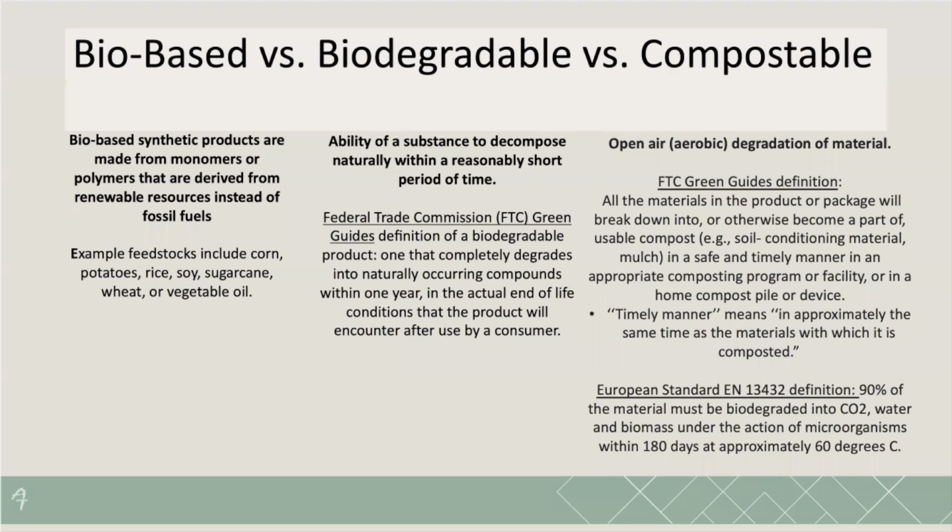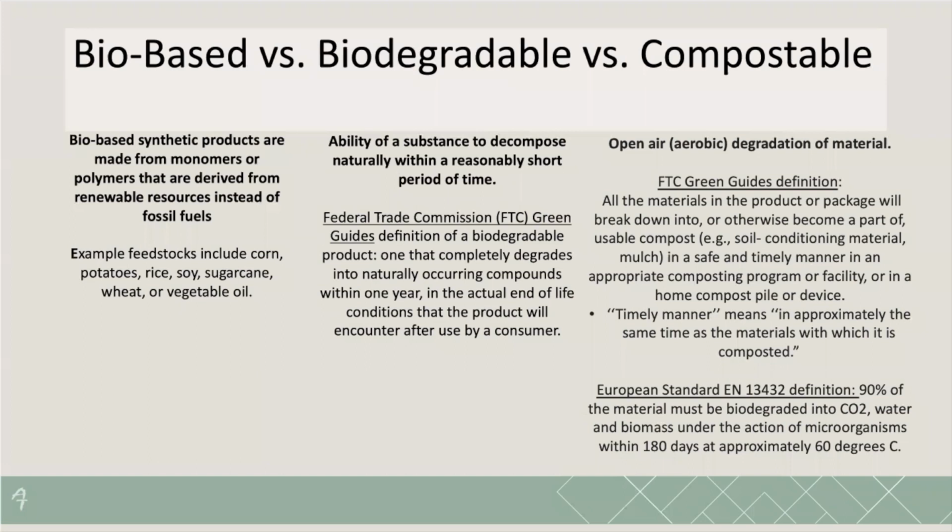But I think the highlights here are that bio-based content is something that's made from renewable resources instead of from fossil fuels. Biodegradable content is talking about the ability of that substance or material to decompose within a reasonable amount of time.